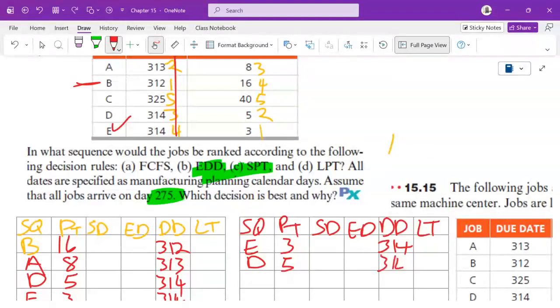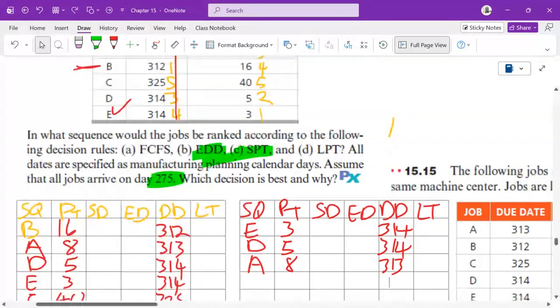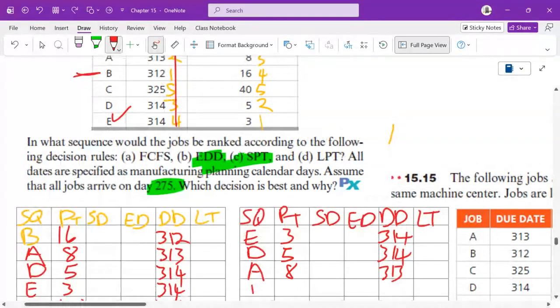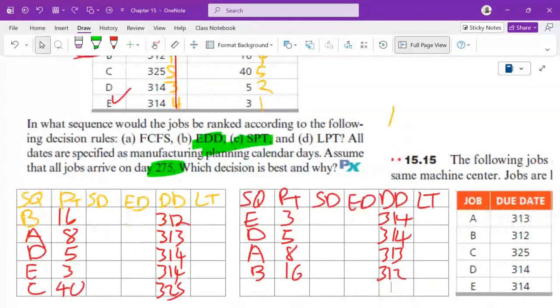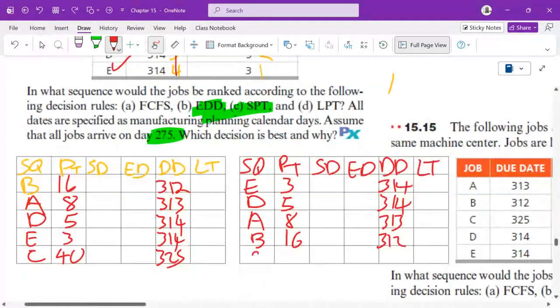The next one, number 3, is A, process time of 8, due date of 313. Then number 4 is B, with process time of 16, due date of 312. The last one is C, process time of 40, due date of 325.